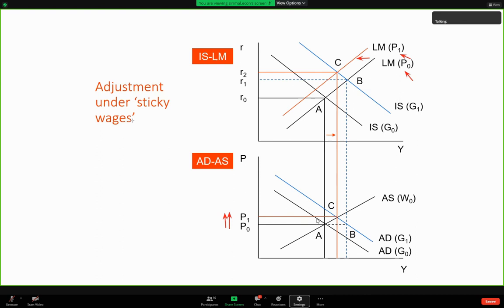And when the price level increases, real wage goes down because wages are sticky. Wages are sticky, therefore producers can produce more by hiring at the ongoing wage rate, which is W0.